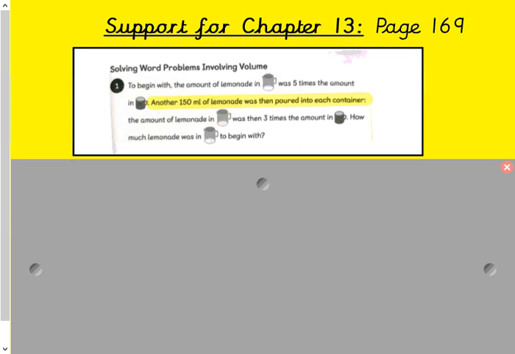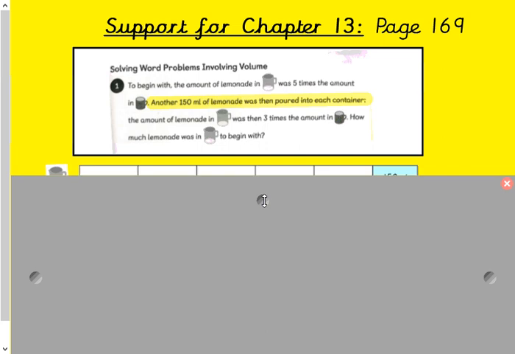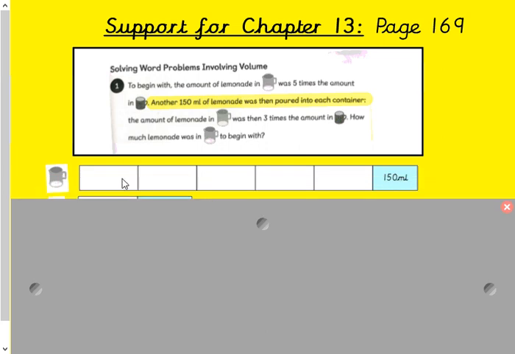Now we're going to move on to the second sentence. Another 150 millilitres of lemonade was then poured into each container. I've highlighted it and I've added it to my picture. Here we go. There is our original 5 pieces, 1, 2, 3, 4, 5, and I've added this 6th piece, which we know is 150 millilitres.